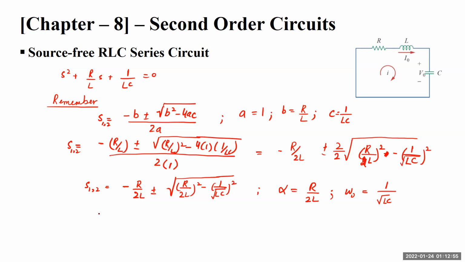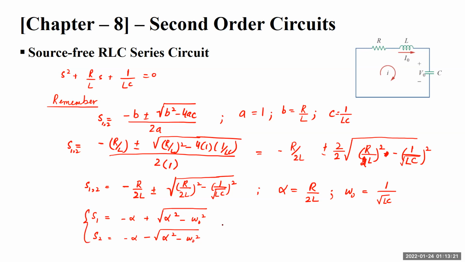So this is one way of writing the solution. When we have a series RLC circuit, we have two values of S. One value, S1, is minus alpha plus the square root of alpha square minus omega naught square, and we have S2 as minus alpha minus the square root of alpha square minus omega naught square.